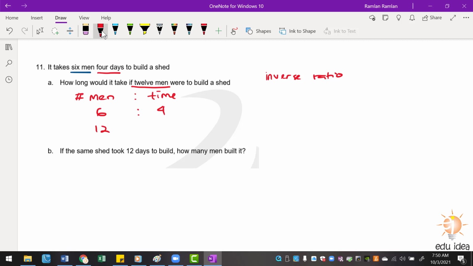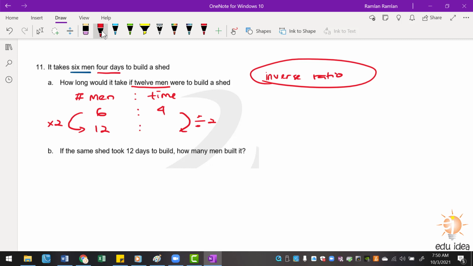We know that 6 to 12 is multiplied by 2, but instead of multiplying this by 2, you divide this by 2. Why? Again, because this is an inverse ratio. If one is increasing, the other is decreasing. Logically, if you add more people, the time you will use to make the shed is shorter, right?